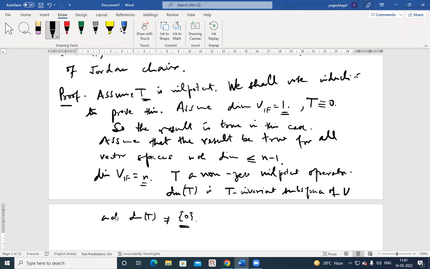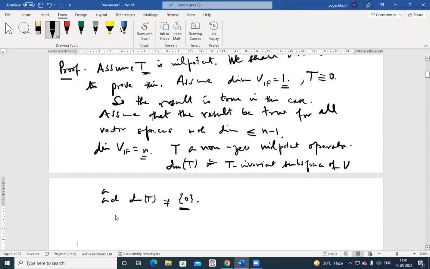This is because T is a non-zero nilpotent operator. Therefore, this is non-zero. Okay. All right.